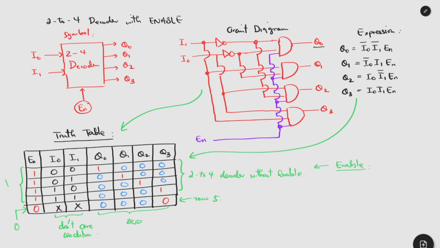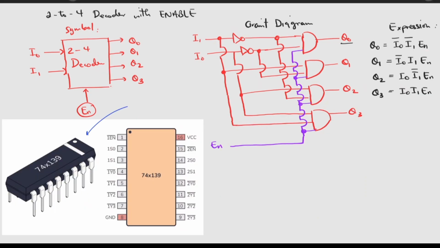However, the enable is not a data pin. Therefore, we still have 2 to the power 2 which gives us 4 combinations of the output. However, the enable is only for the purpose of enabling or disabling this particular 2 to 4 decoder.